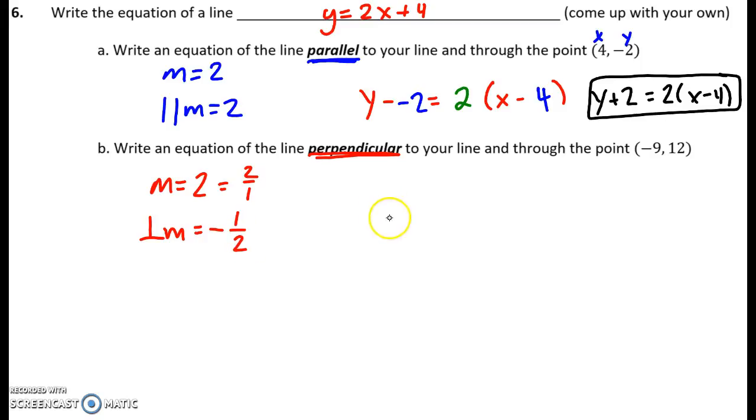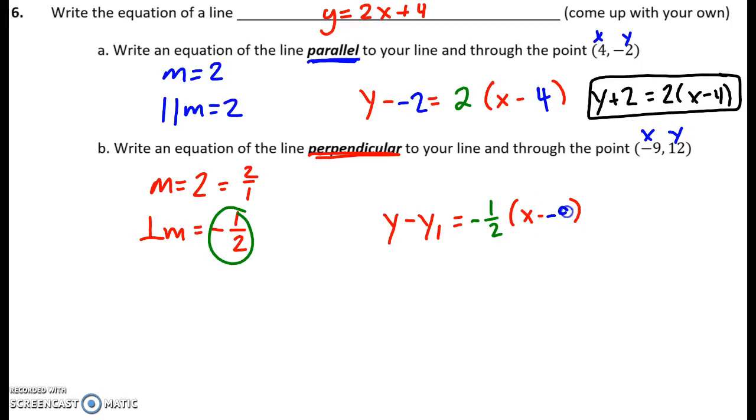Again, using the point-slope formula, I have y minus y1 equals m times x minus x1. Again, they give me an x value and a y value. So when I go to substitute in, I know that m is equal to negative 1/2, x is equal to negative 9, and y is equal to 12.